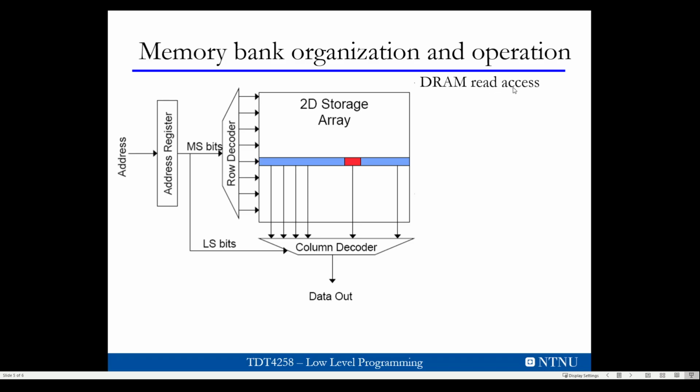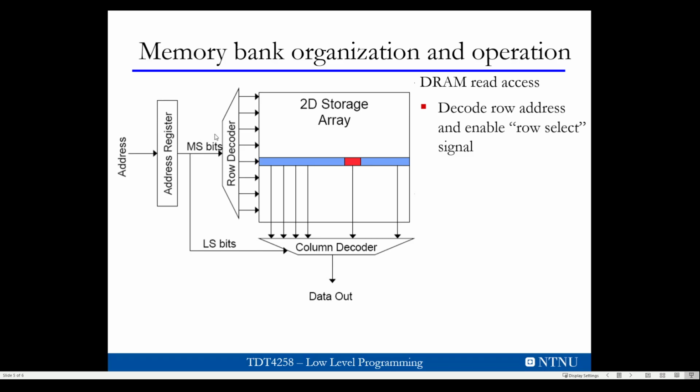let's talk about the read access. First of all, there is an address coming from the processor. This address is stored here in this address register. Then this address is divided into 2 parts. The most significant bits represent the row address, and the least significant bits represent the column address.